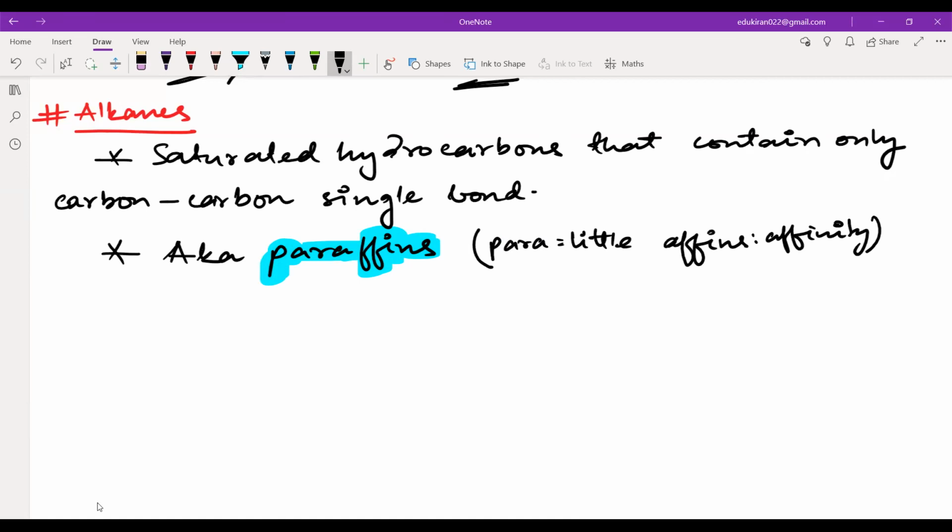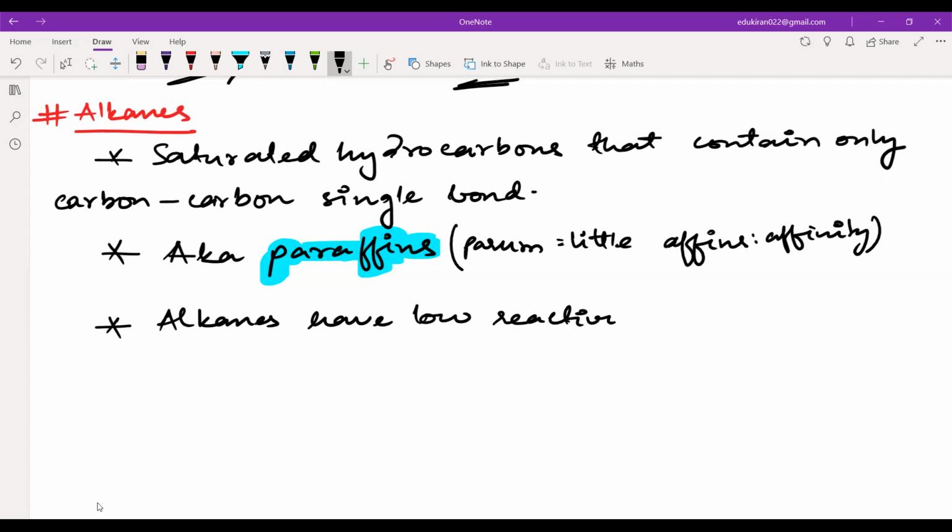So they don't react very much. That is why they are also known as paraffins. Param means little, and affins is derived from affinity, which means that alkanes have low reactivity.